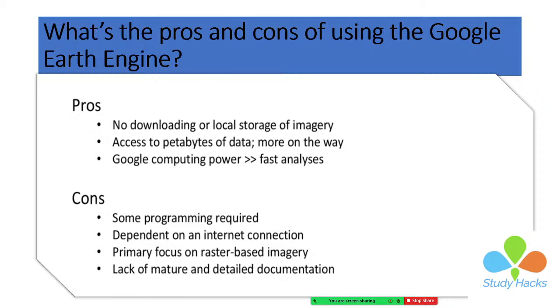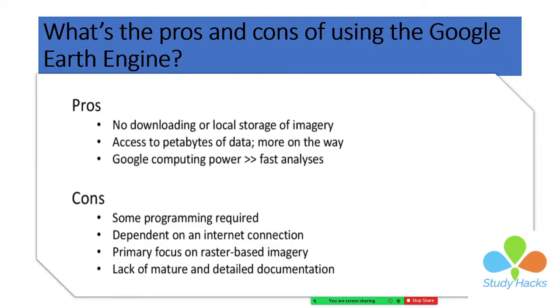And the computing power is very fast when you work with the Google Earth Engine platform. It also has some disadvantages: you need some programming language. But in this course, I will try to teach you all of the programming you need to run the Google Earth Engine platform. It also depends on your internet connection.